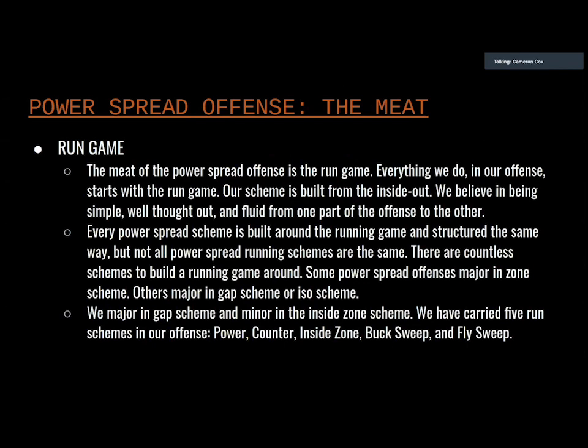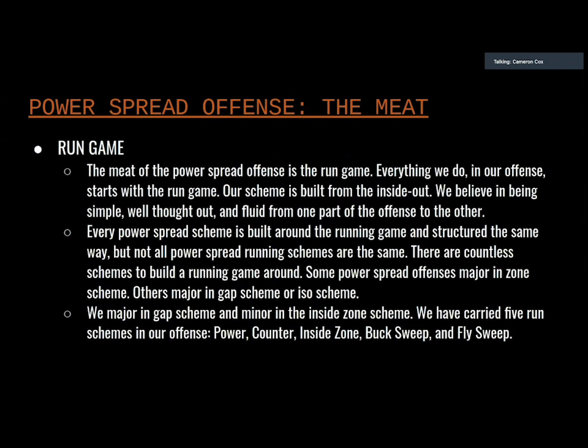Some power spread offenses major in the zone scheme. Others major in gap scheme or ISO scheme or option scheme. Perfect examples of that are, in 2011 when Gus Malzahn was the offensive coordinator at Auburn and he had Cam Newton as his quarterback. They majored a lot more in gap scheme because they were quarterback power, quarterback counter, power read, all that kind of stuff is what they were built around.